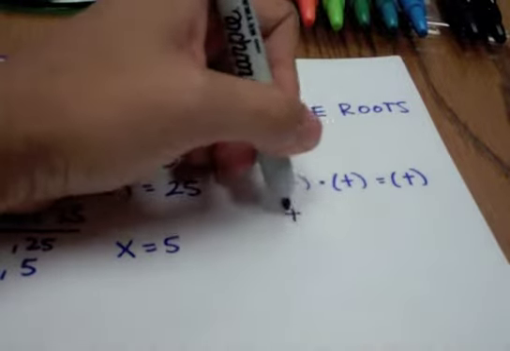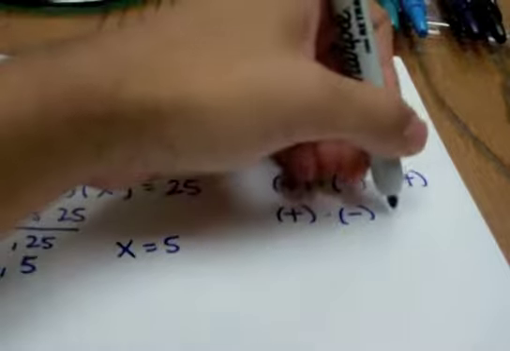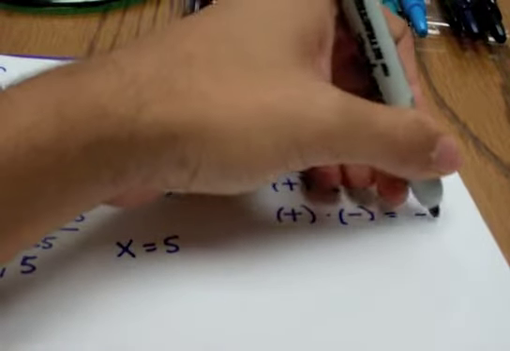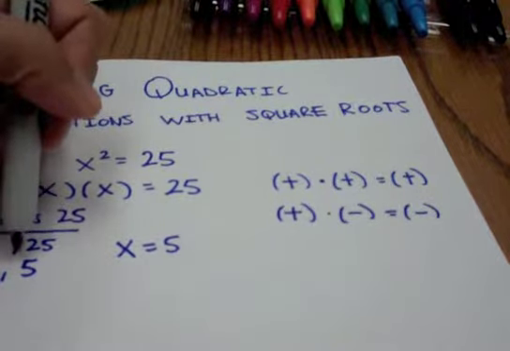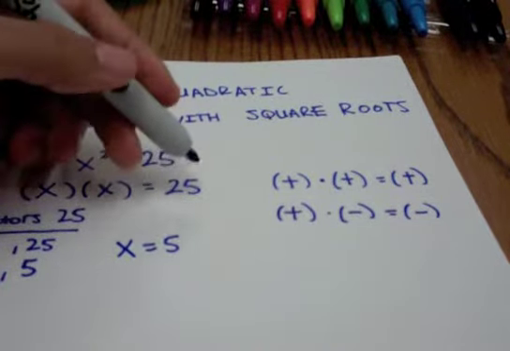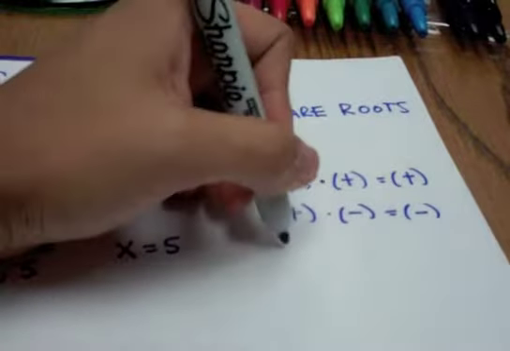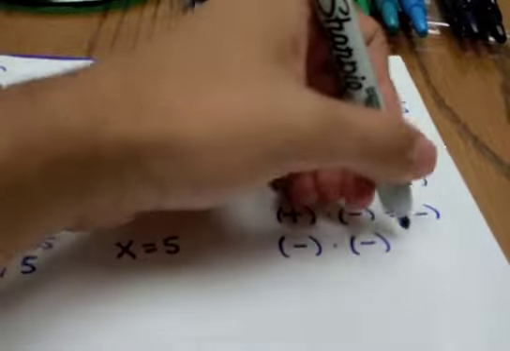Now if you have a positive number times a negative number, that's always going to give you a negative answer. So that's not going to work here, because a positive 5 times a negative 5 is going to be negative 25.